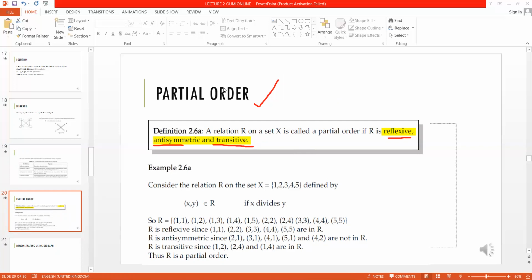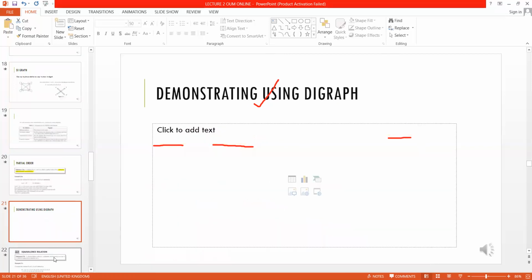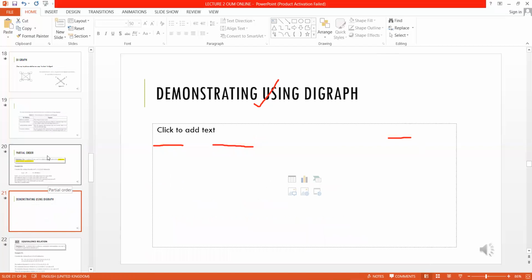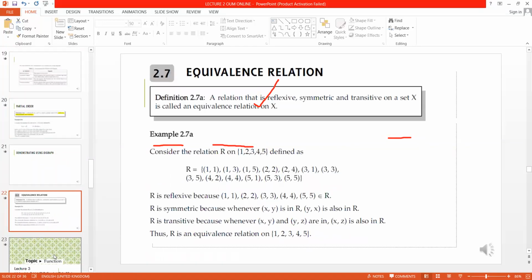On the other hand, if the relation is reflexive, symmetric, and transitive, then we call such a relation an equivalence relation. Okay, good. So if the relation is reflexive, symmetric, and transitive, then we call the relation what?